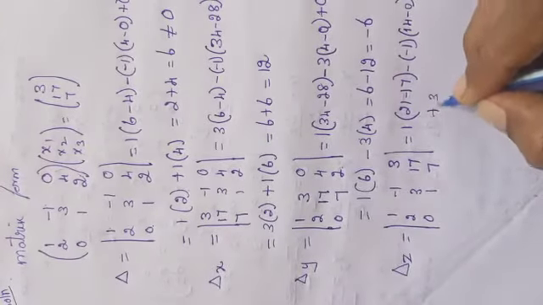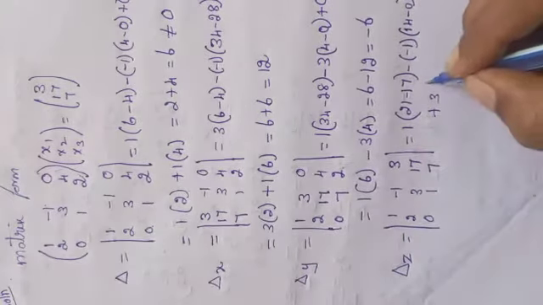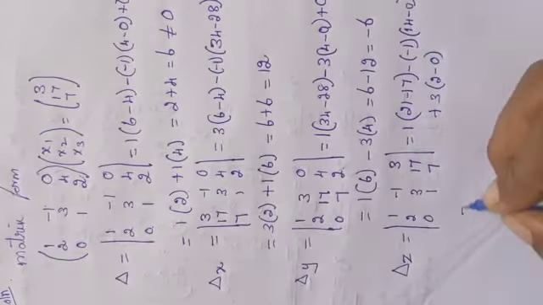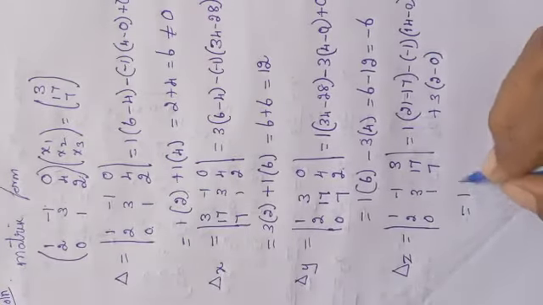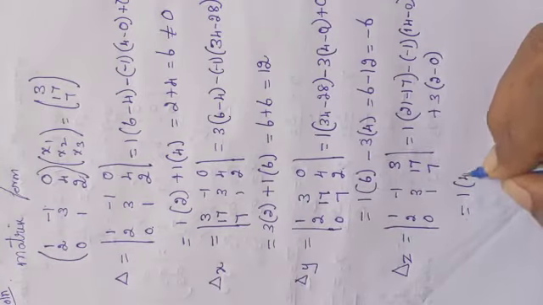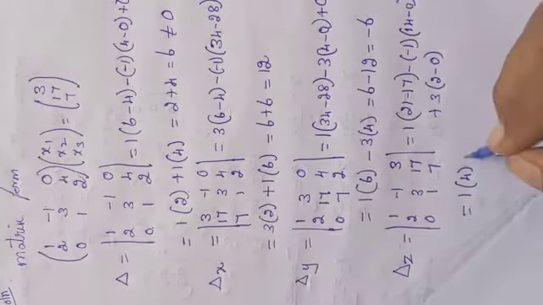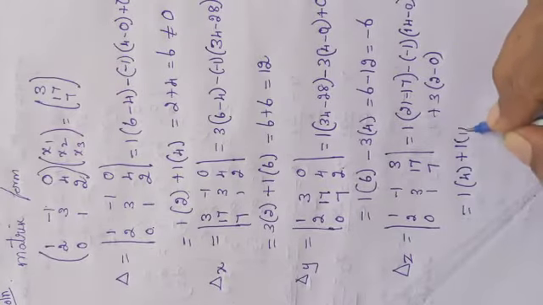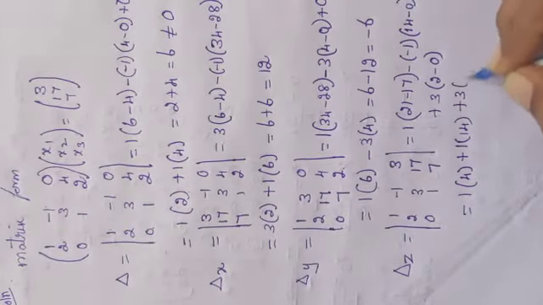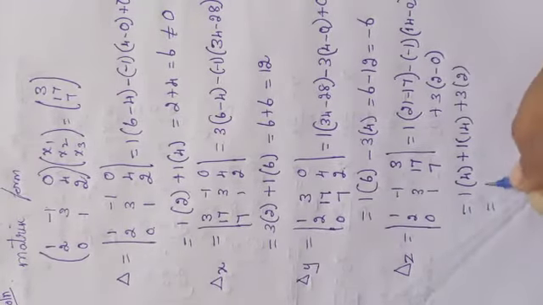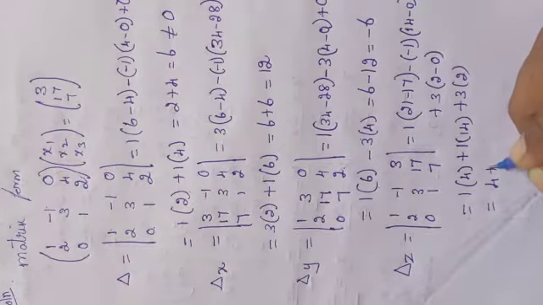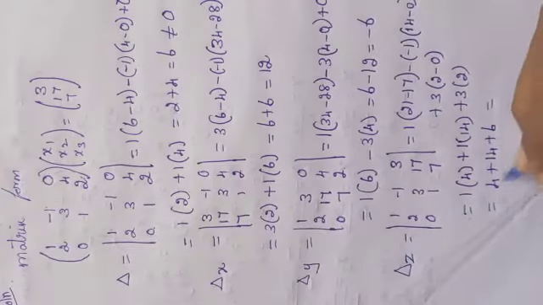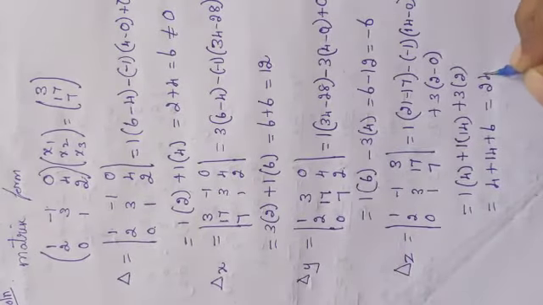Then plus 3 into, leaving the row and column, this is 2 minus 0. See, 1 into 21 minus 17, that is 4. Minus into minus plus 1 into 14 plus 3 into 2. That is 4 plus 14 plus 6. So we are getting 20 plus 4, that is 24.